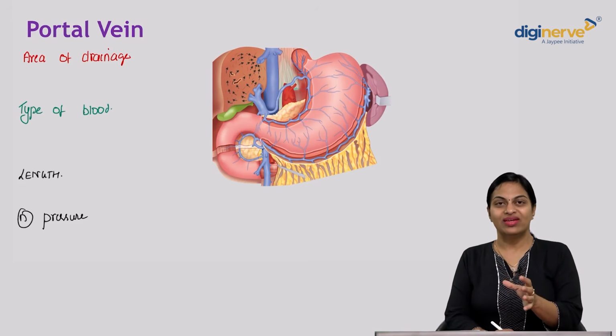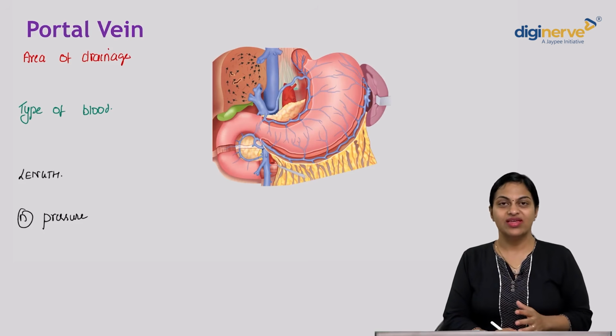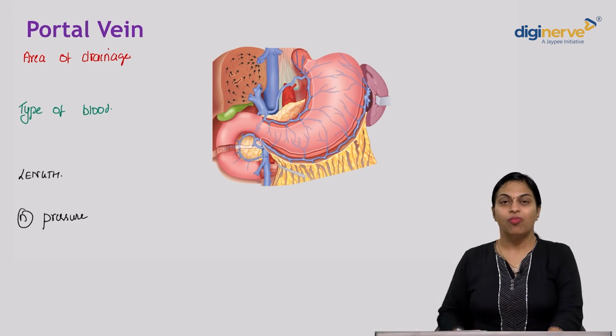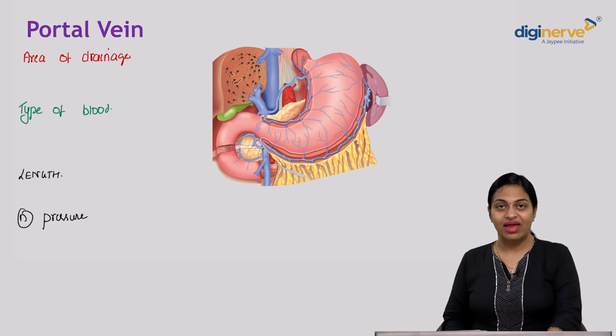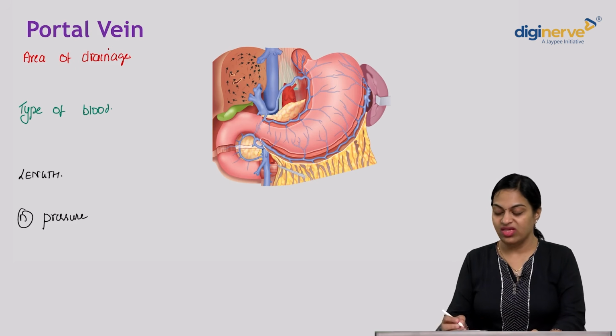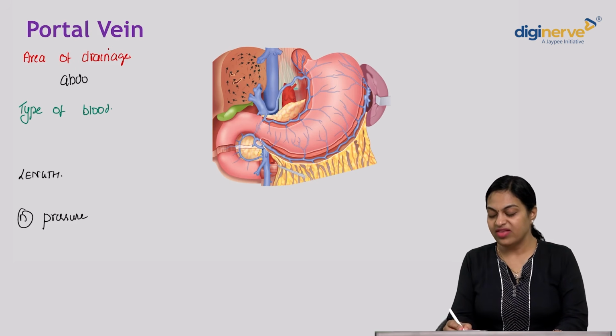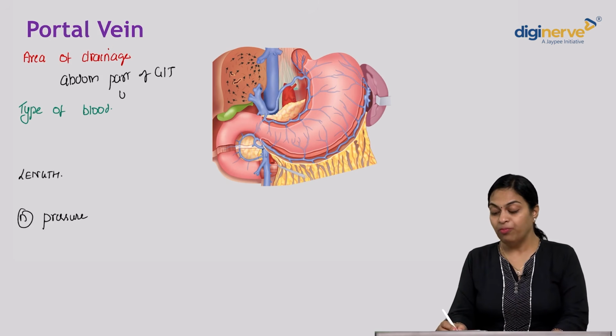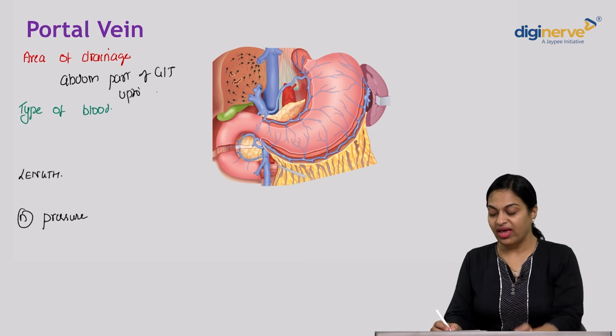Now, moving on to the last topic in this session, the portal vein. So tell me. The portal vein drains the venous blood from the abdominal part of the GIT, up to the anal canal pectinate line.